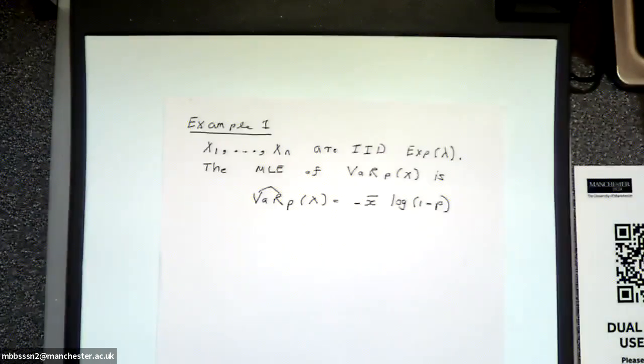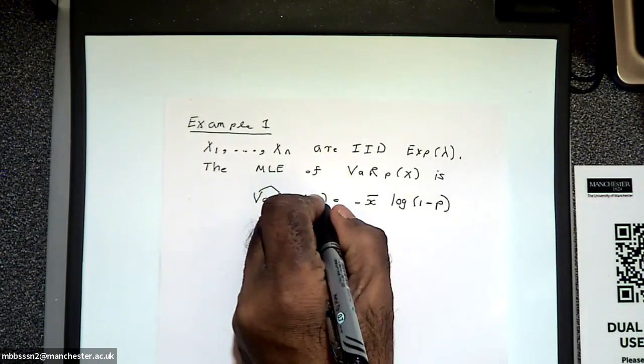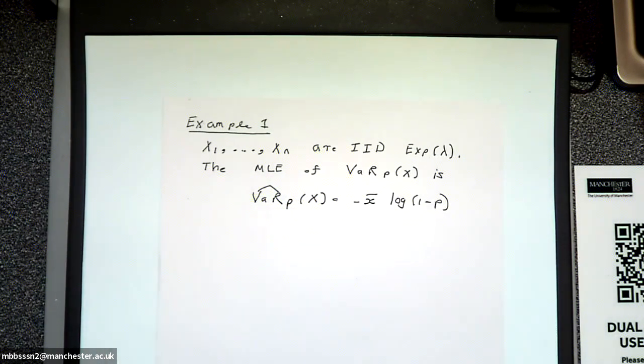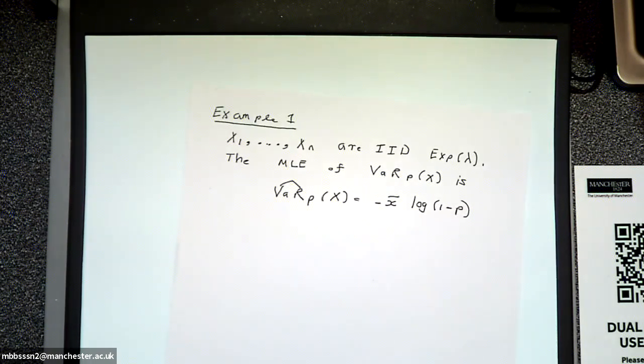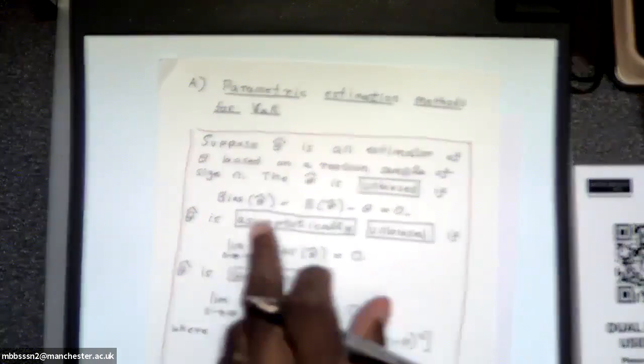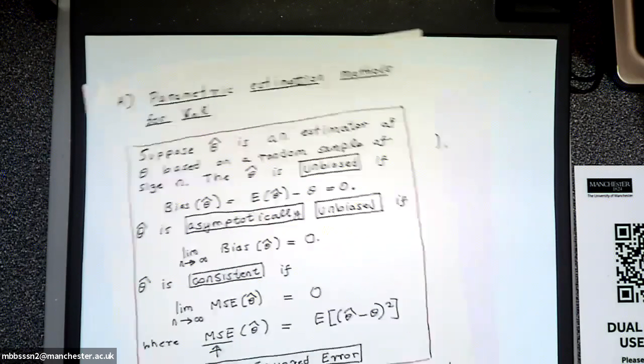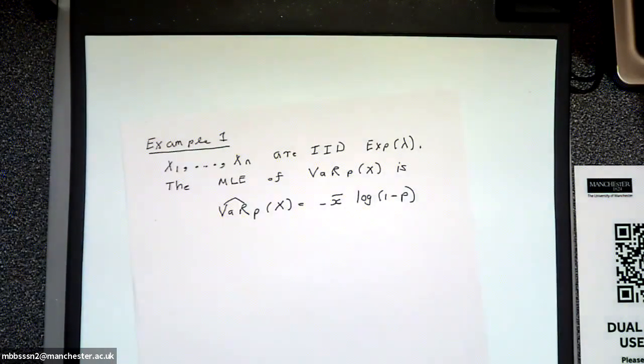The first thing I want to show you is that this estimator is unbiased. To show that something is unbiased, you should look back on the stuff I showed you here. You need to show that the bias, which is defined by this, is equal to 0.